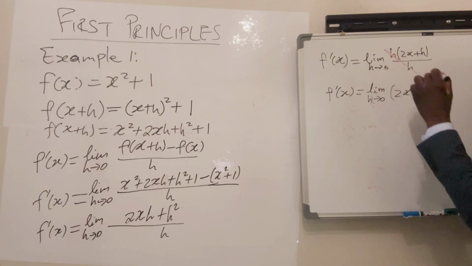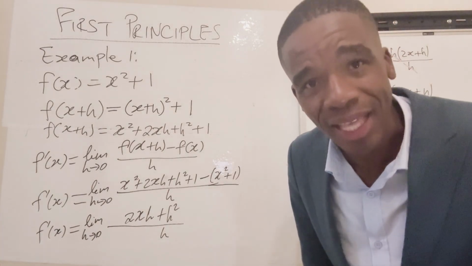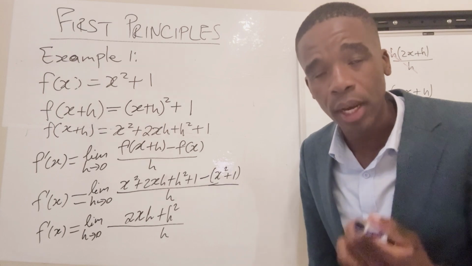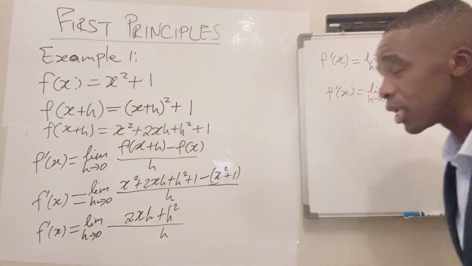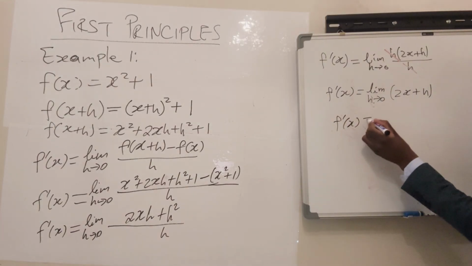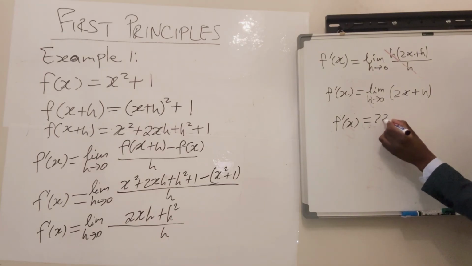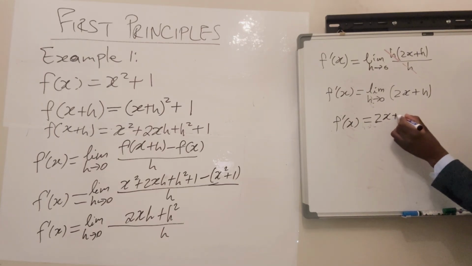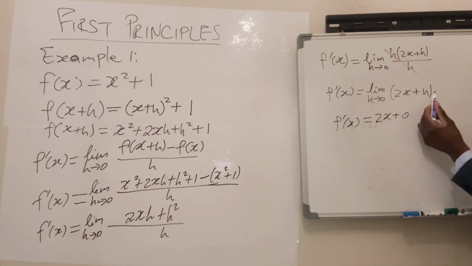After this step where you have cancelled the h, that's when you can actually substitute h to be 0 as h approaches 0. See what I mean? f prime of x is equal to, now the limit must disappear. When the limit disappears, 2x. Whenever I said 2x plus 0, the limit disappears. That step is very vital.